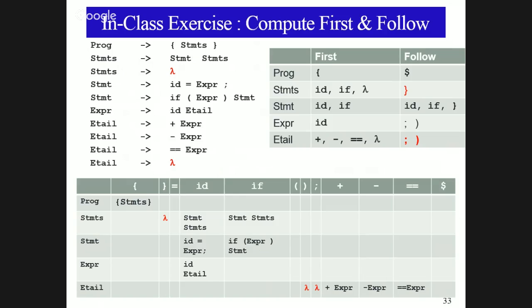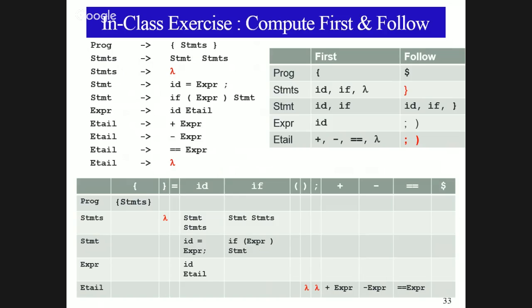They go in. Expression is ID or e-tail. And why did I do e-tail? Well, e-tail is after left factoring. Expression was ID plus, ID minus, ID equals. So now I left factor it.